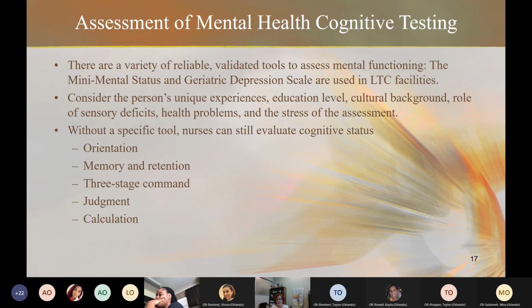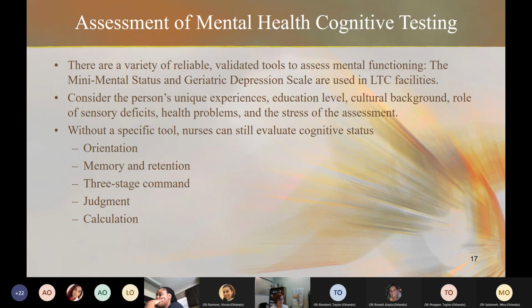The 3-stage command: tell me in 3 ways how you would move from this chair to the couch. So we're asking them to think through a process. And of course, what is their judgment? And can they do calculations? Are they able to do basic math, multiplication or addition? So we've learned that way back at the beginning of our course.